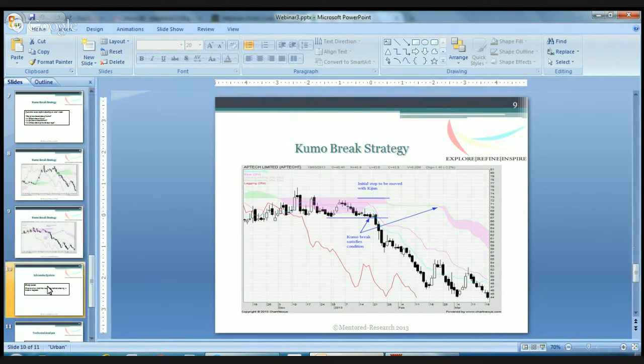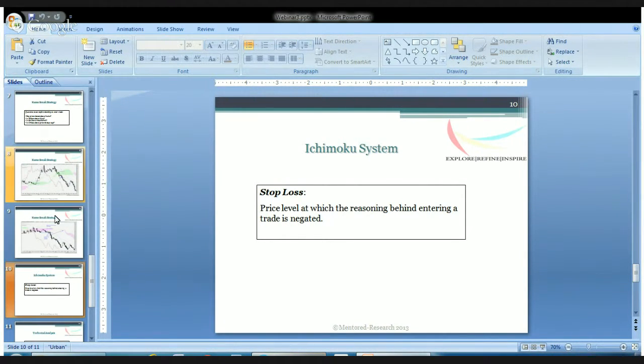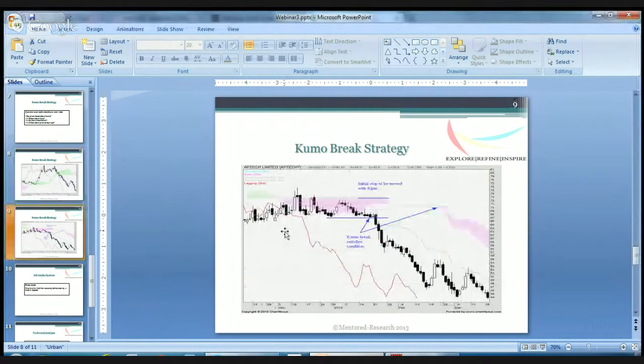And the last one is the stop loss setting. I think we went over this in our last webinar too, in regards to the candlestick signals and the candlestick patterns. Same scenario here with Ichimoku. Look at this chart here.